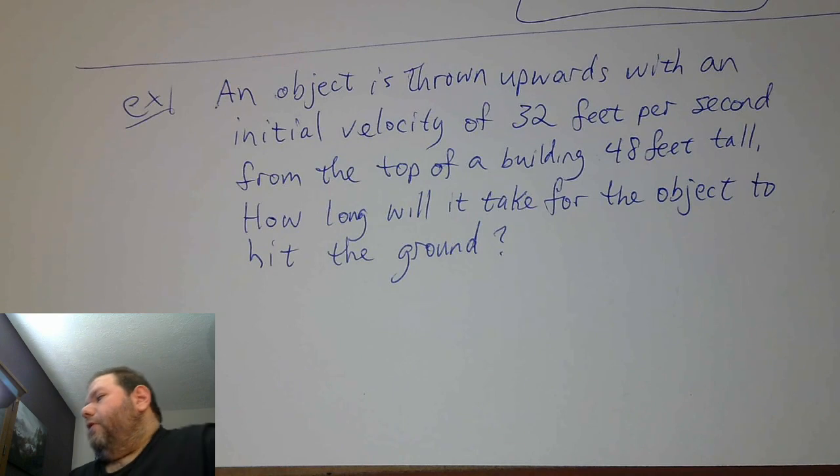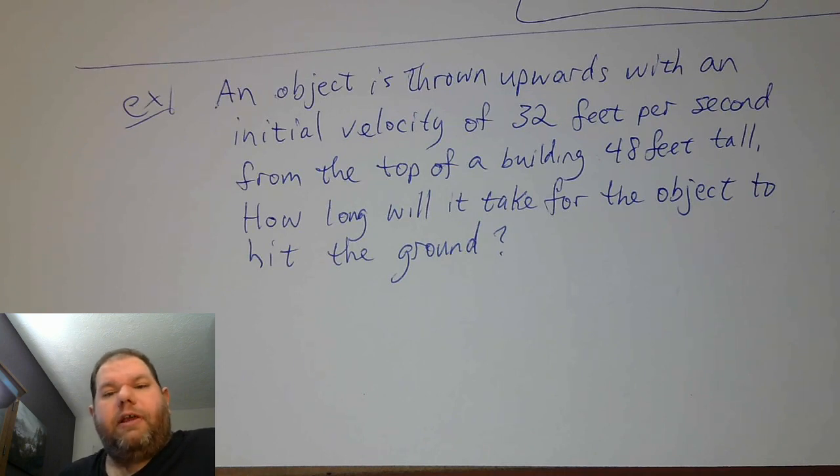Okay. Now, if this were a calculus or a physics class, we wouldn't give you the formula for this, but since this is an algebra class, we need to give you the formula because you haven't yet learned how acceleration and velocity and position are all connected.